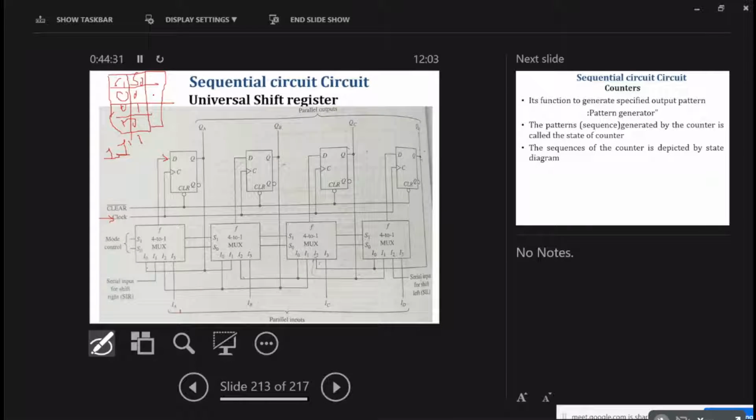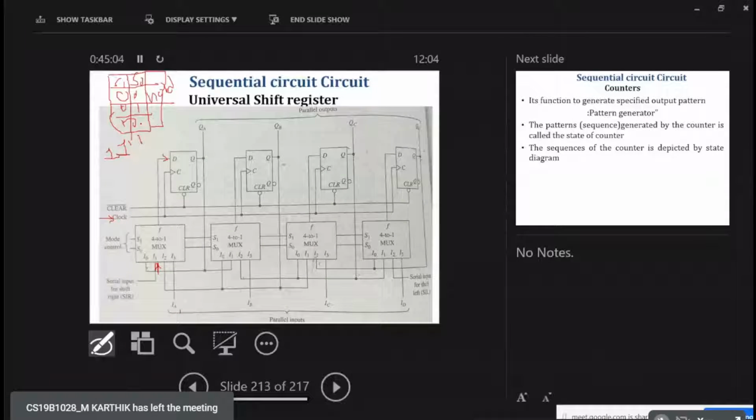Whenever it is 0 0, it will hold the previous state; whatever state it previously had, it will remain in that state only. Whenever it is 0 1, it will select this I1 pin. So 0 1 means serial input, and whenever this input is selected, serial shifting right will happen.